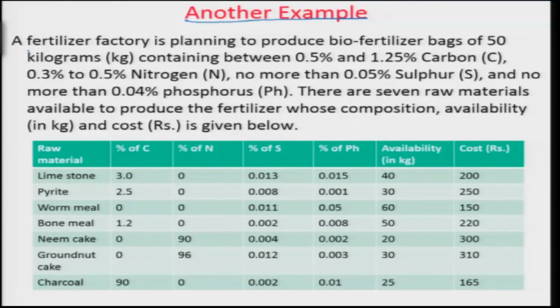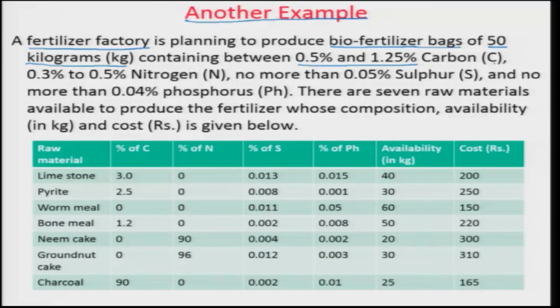So what we are going to discuss today is a fertilizer factory. A fertilizer factory is planning to produce biofertilizer. The aim is to produce biofertilizer bags of 50 kilograms. So the content of the bag is 50 kilograms of biofertilizer containing between 0.5 and 1.25% of carbon.